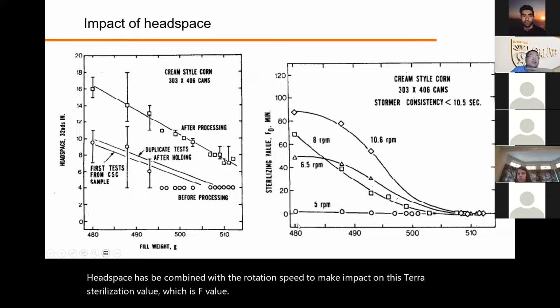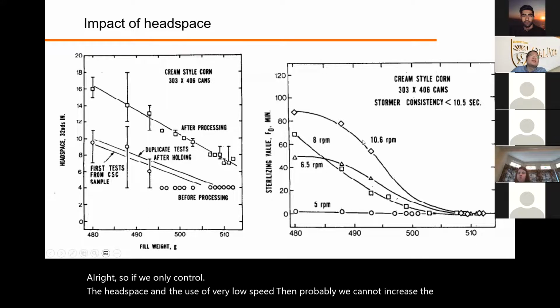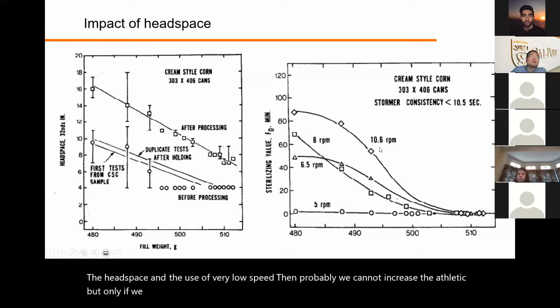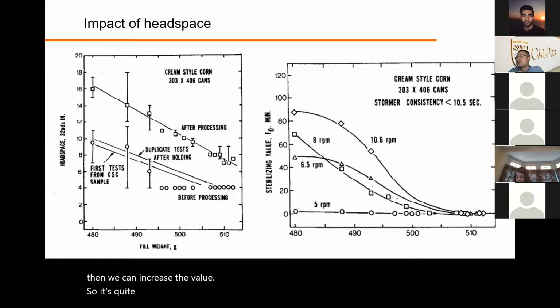So if we only control the headspace and use a very low speed, then probably we cannot increase the F value. But only if we use a certain amount of rotation speed plus a certain amount of headspace, then we can increase the F value. So it's quite a complex situation, right, guys? Is that clear, guys? Okay.